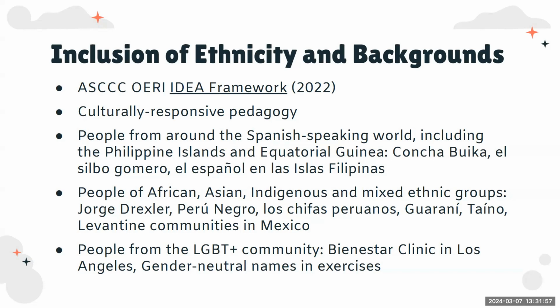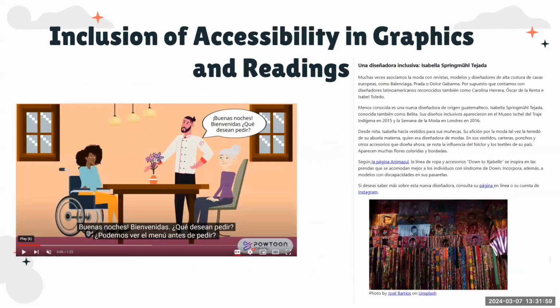And how we show this representation is in a few ways. So of course, in the actual exercises, mixing different types of names and backgrounds, but we really wanted to showcase it primarily in the Escuchemos and the Leamos activities. Escuchemos, as you recall, is listening comprehension.